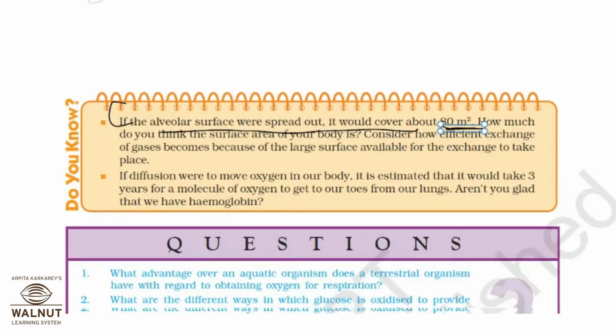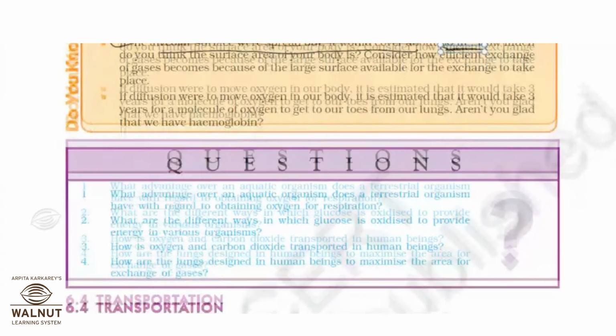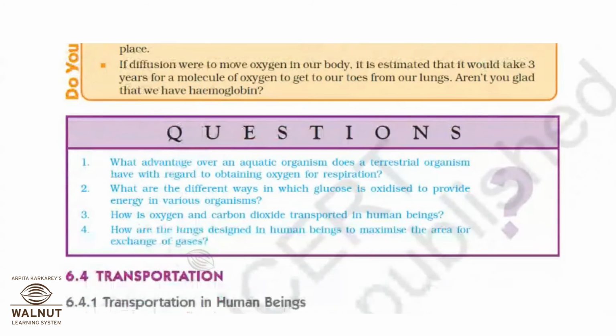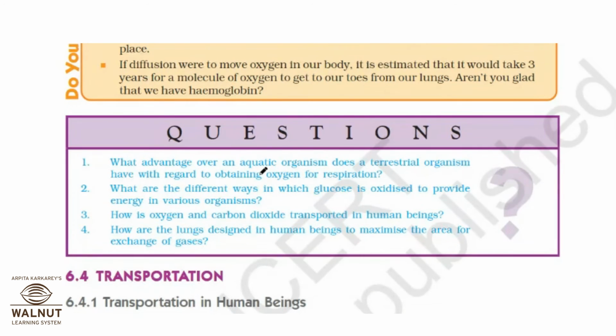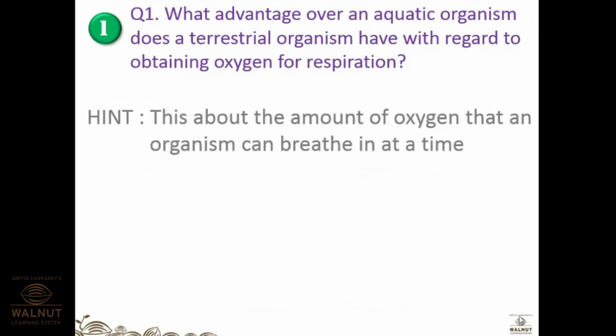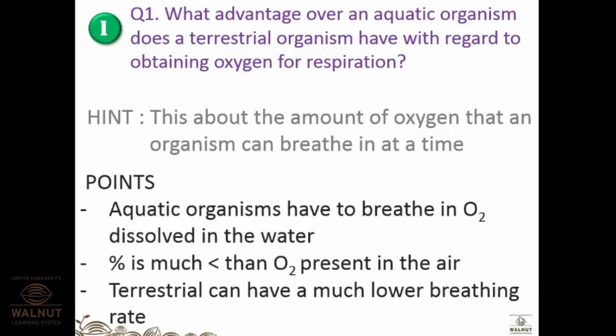Question number one: what advantage over an aquatic organism does a terrestrial organism have with regard to obtaining oxygen for respiration? Answer this. Think about the amount of oxygen that an organism can breathe in at a time. Aquatic organisms have to breathe in oxygen dissolved in water, and the percentage is much less than what is present in the air.